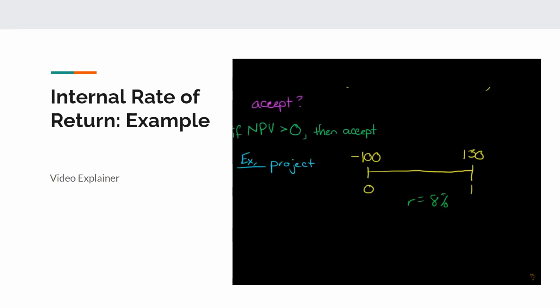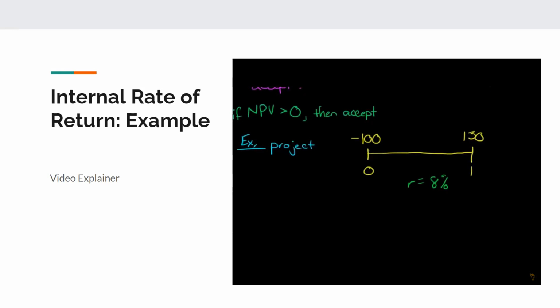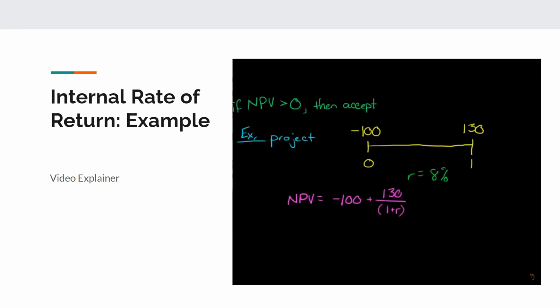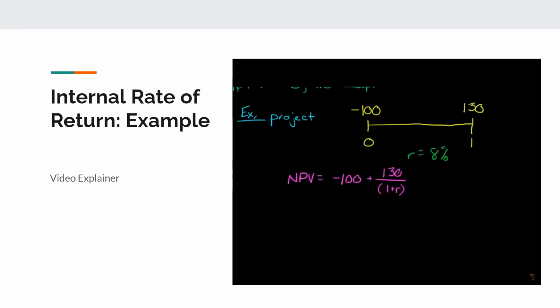Now, I'm just briefly going to go through how we would do this under NPV, and refer to the NPV video if you haven't seen this yet. The NPV is going to be -100, that cash outflow, plus 130, but we're going to take that over 1 plus r, 1 plus that discount rate. And we need to do that because of the time value of money.